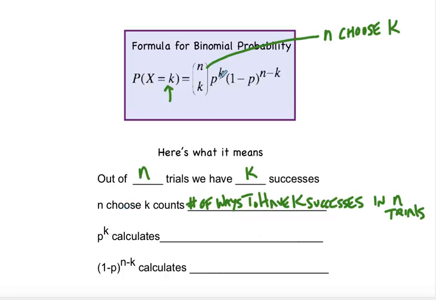Then we have this p to the k. P is the probability of success, and k is the number of successes. So basically, p to the k calculates succeeding k number of times.